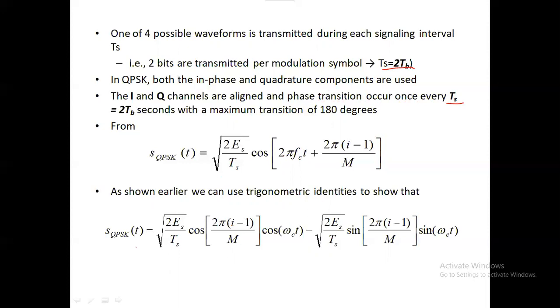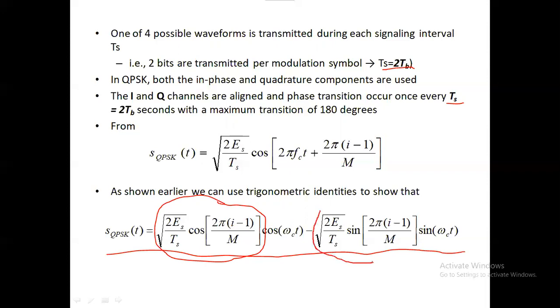The QPSK modulated data is represented in in-phase and quadrature-phase form. So if we know the value of this in-phase component, we can calculate this value in numeric form, and we can also calculate the value of this in numeric form.